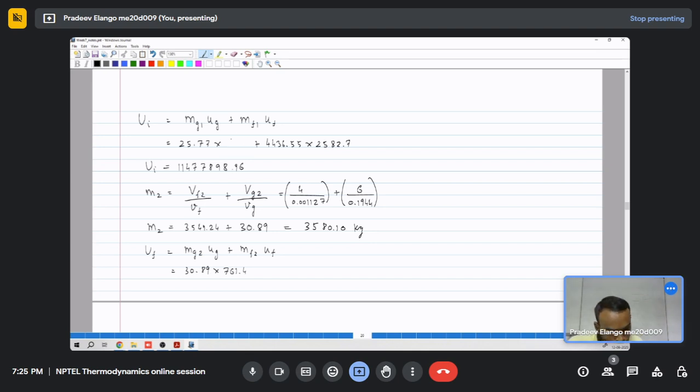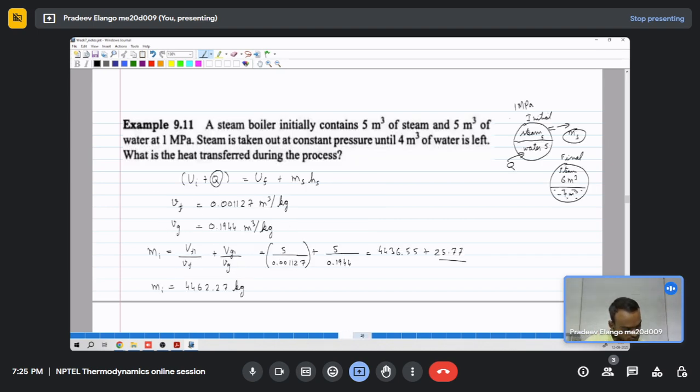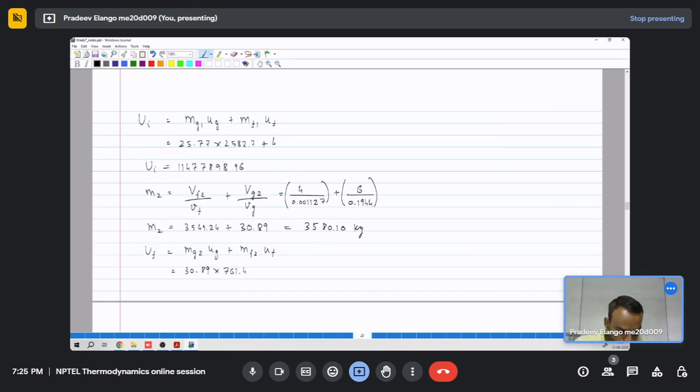So this is 2582.7, plus the mass of the fluid, 4436.55, into UF, which is 761.4. I just interchanged these two values, sorry. Can you calculate UI again?